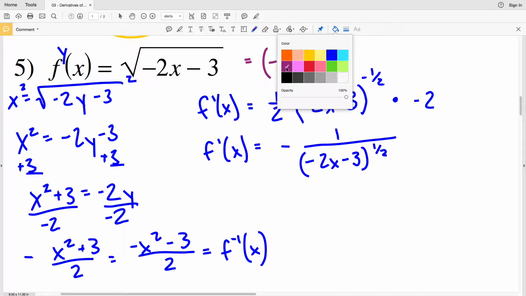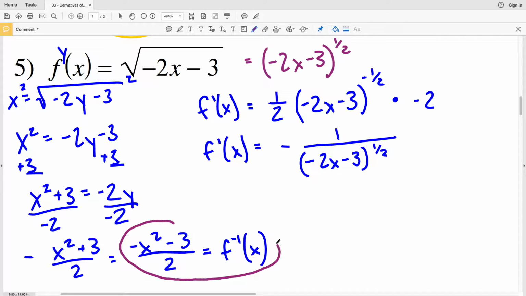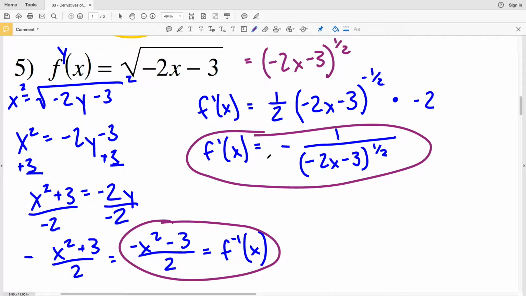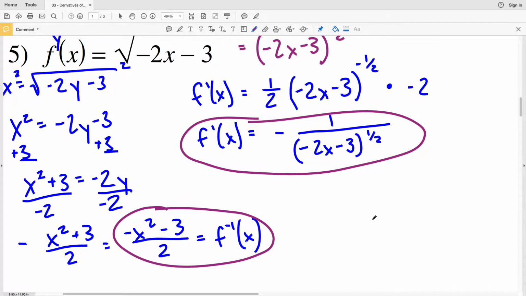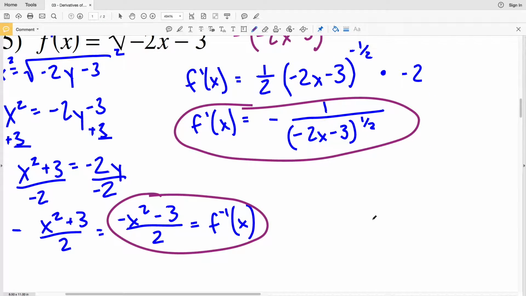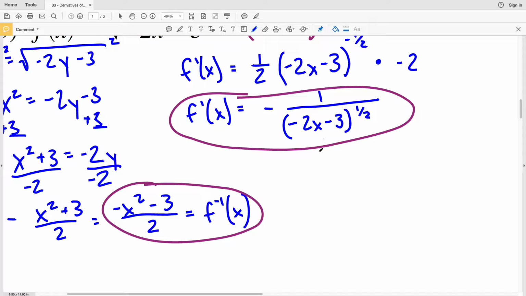So you can see now we have our inverse function of f of x, and we have the derivative of f of x. So what I'm going to do is plug all of that into our theorem. And our theorem says that the derivative of the inverse function of f of x equals 1 all over the derivative of f of my inverse function of x. So I'm taking the value of my inverse function of x and plugging it in for x in my derivative formula.